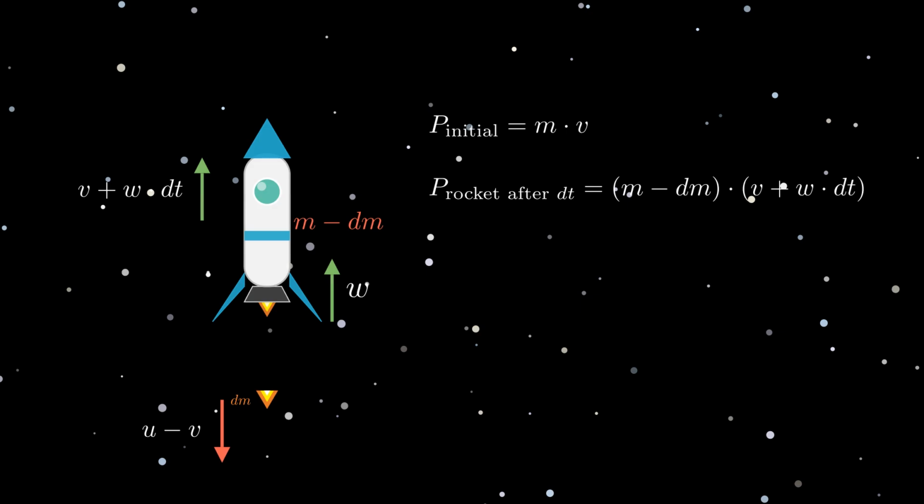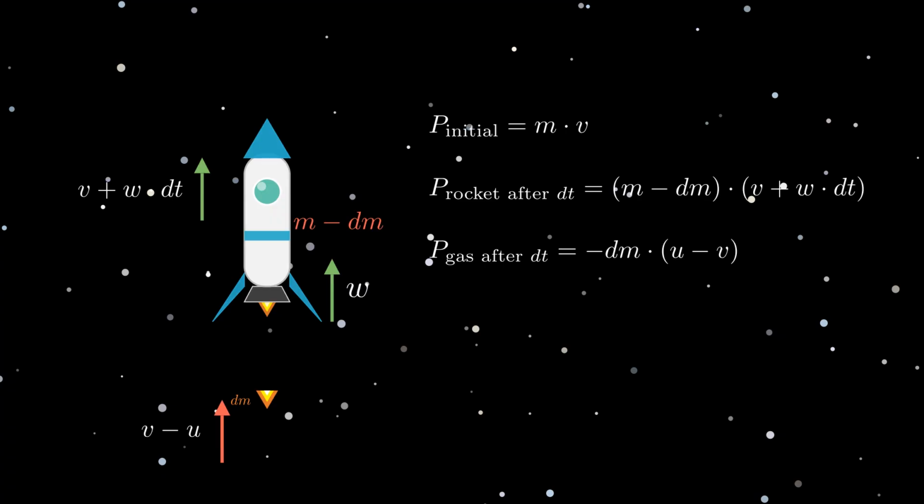Now we choose upward as the positive direction, therefore the velocity of the exhaust gas relative to the ground in the upward direction becomes v minus u. Since the expelled gas has mass dm and velocity v minus u relative to the ground, its momentum becomes dm into (v minus u), which can also be written as minus dm into (u minus v).